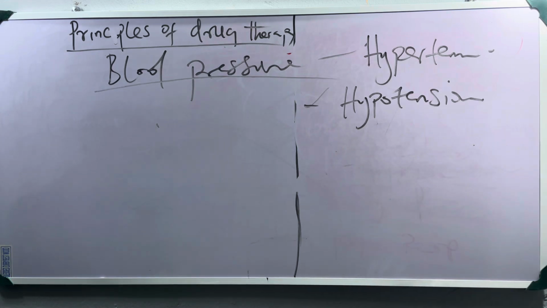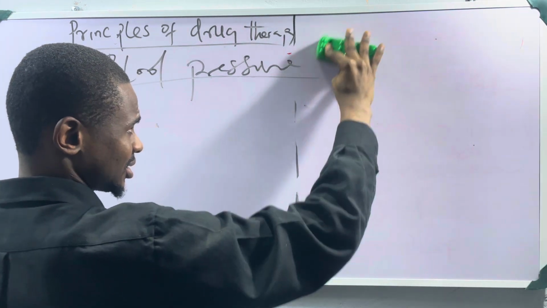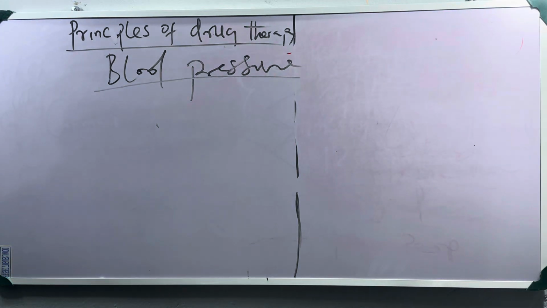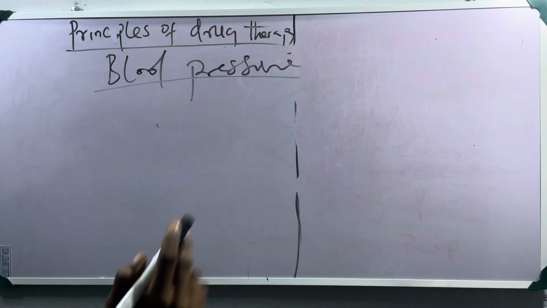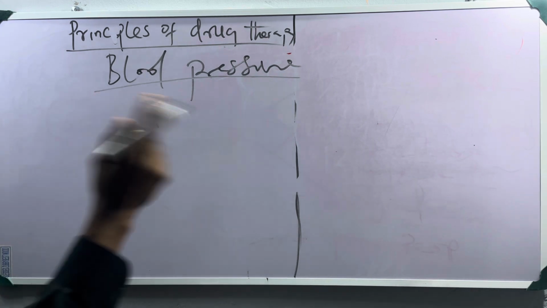Now for hypertension, it's essential that we understand the stages of hypertension. Hypertension has stages. There are five stages of hypertension.